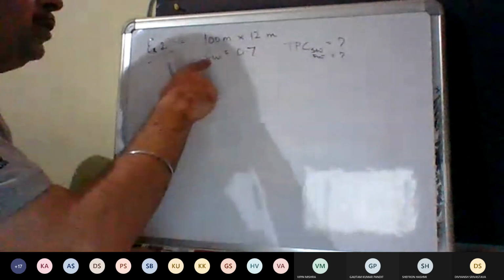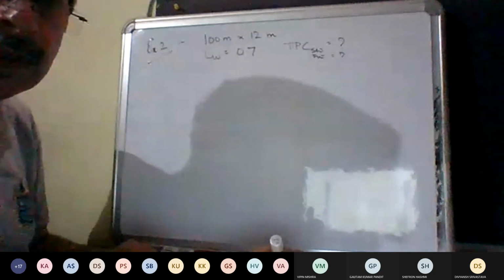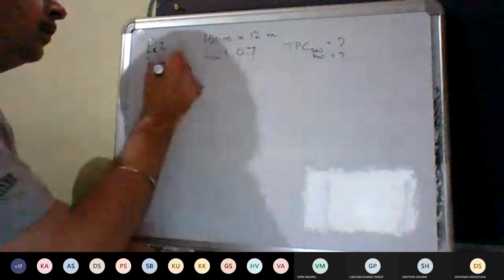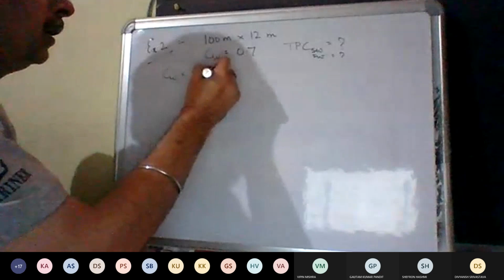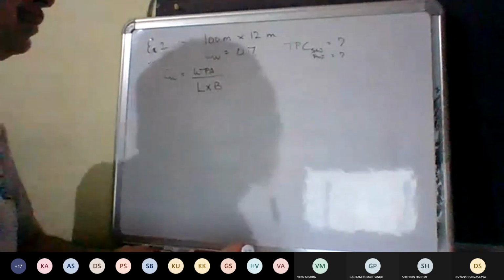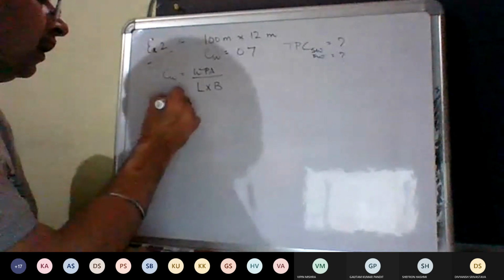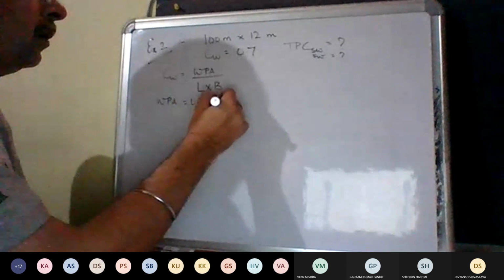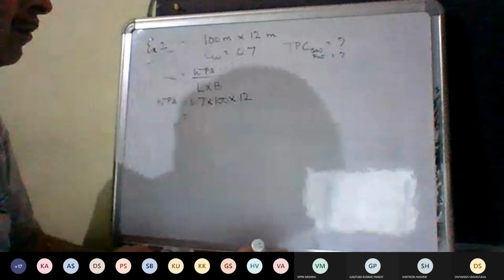So when the coefficient of fineness is given, that means we can find the water plane area. CW is equal to water plane area upon length into breadth maximum. So water plane area is equal to 0.7 into 100 into 12.